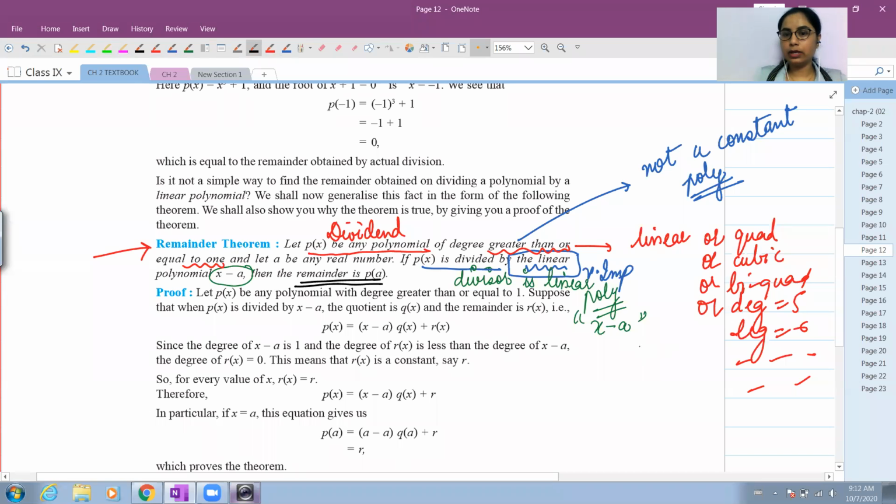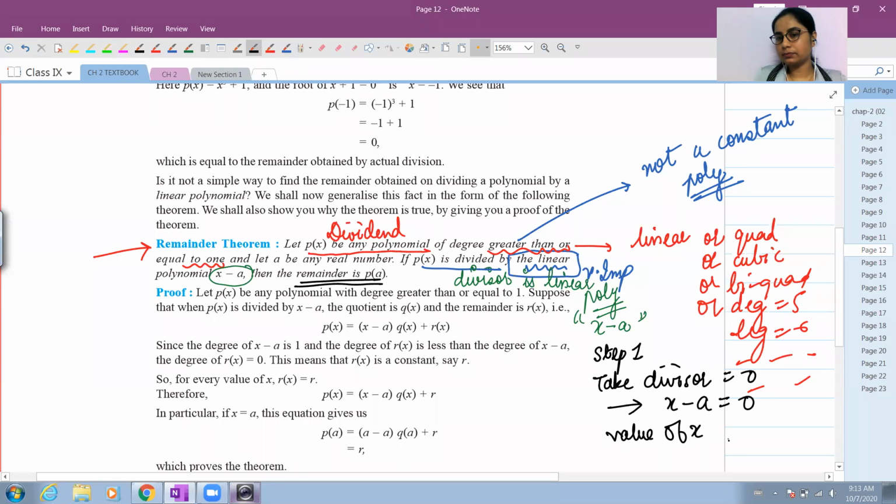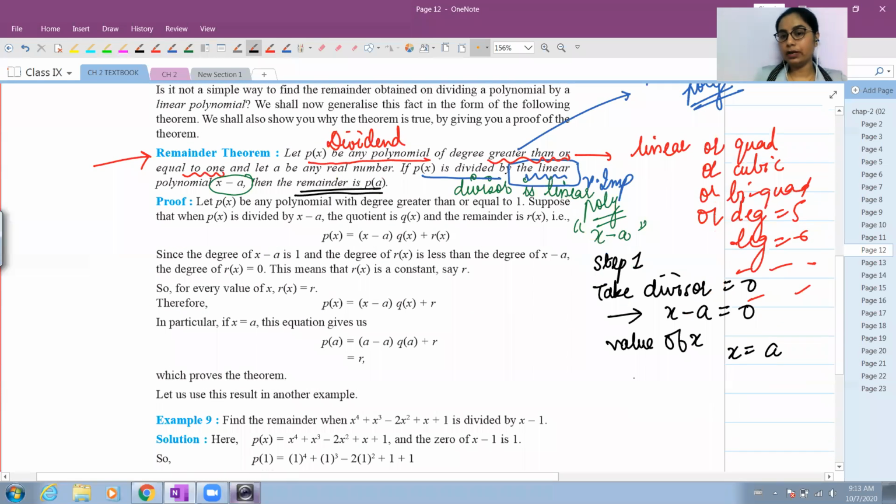So what did they do? The first step is to take the divisor equal to 0, so x minus a will be equal to 0. From here, the value of x is equal to a. Step 2 will be to use this value in your dividend.